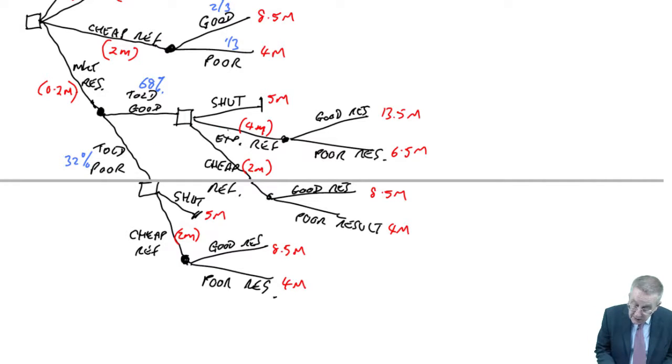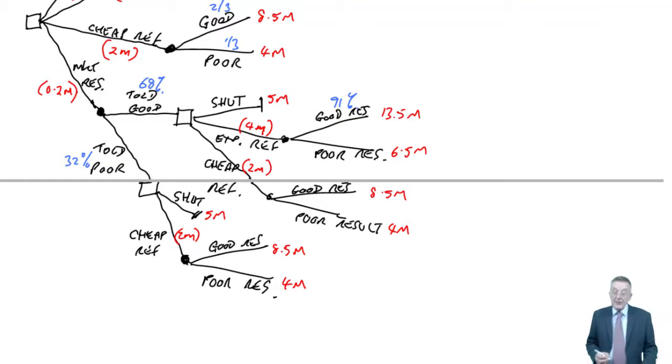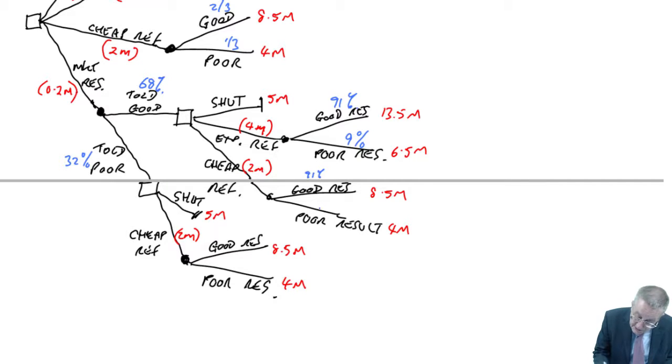So there's a 91% chance that it actually is good, and therefore a 9% chance that it actually turns out to be poor. And that'll be the same for either of them. So even if it's cheap, 91%, 9%. Or if you prefer, incidentally, 91% is 0.91 probability, 9% is 0.09 probability. It doesn't matter when we come to do the arithmetic. I'll make it clear.